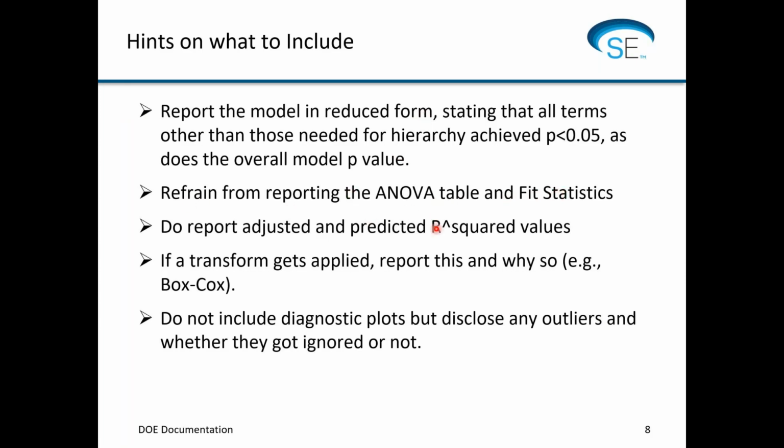Okay. That said, I do like to have at least a glimpse of a couple of these fit statistics. I do want to see the predicted R-squared and the adjusted R-squared. And why is that? Well, the adjusted R-squared gives us a pretty good idea of how well the predictive model matched our data set. Okay. And the predicted R-squared gives us our best ability to read how good this model will be at predicting future cases, right?